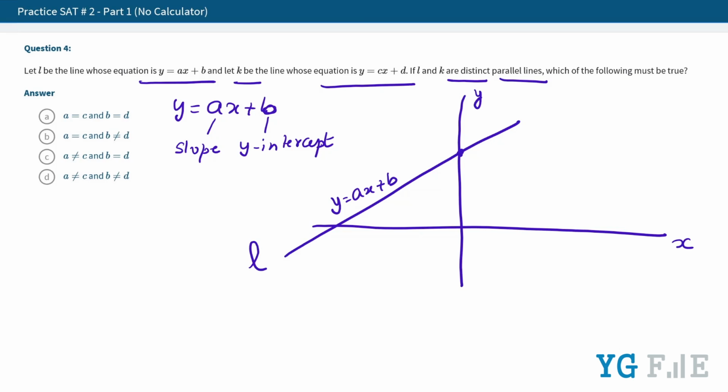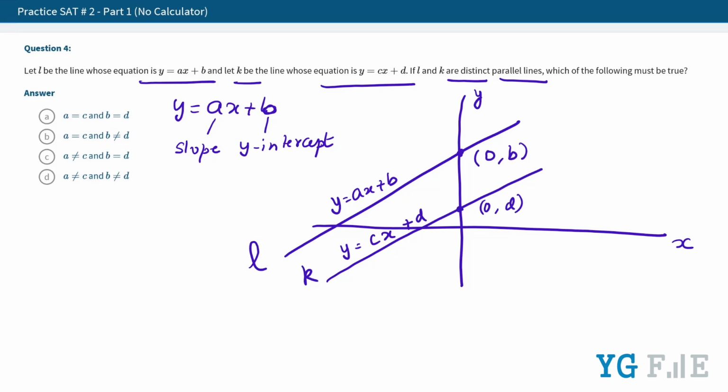The point on the y-axis is the y-intercept, because when we substitute x equal to 0, we get y equal to b. Now let us draw another line K. This is given as y equals cx plus d. We can label the y-intercept here as (0, d).